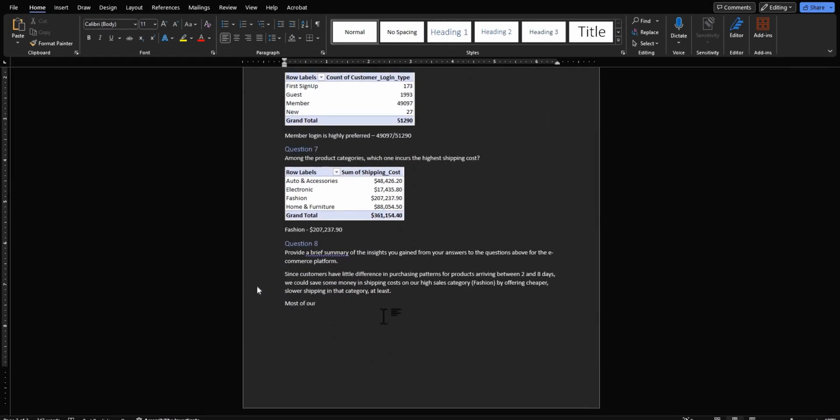Most of our logins are members, which shows that conversion into members is easy enough for most users.